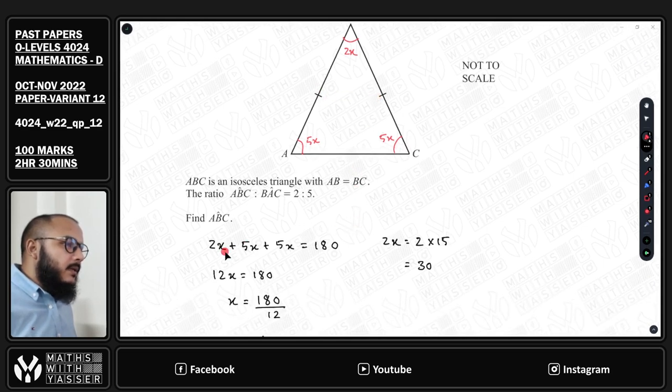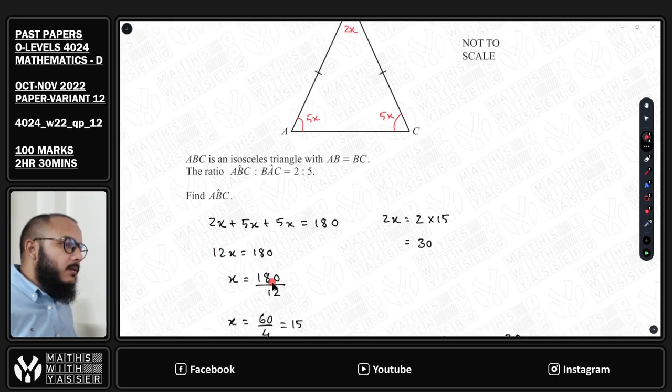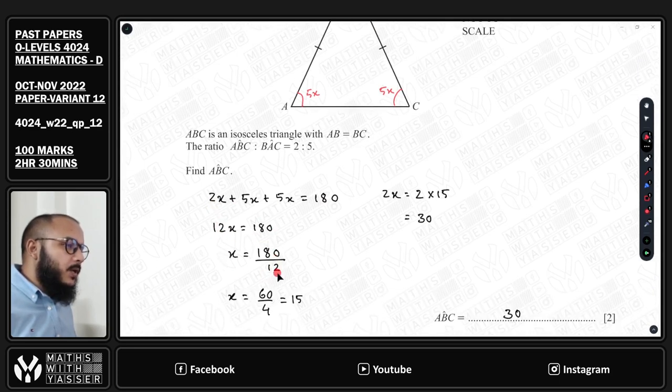So I can say that 2x plus 5x plus 5x should be equal to 180, because that is the total sum of the angles of a triangle. Now that will give me 12x equals 180. So x will be 180 over 12, which is 60 over 4. And that will give me x is equal to 15.